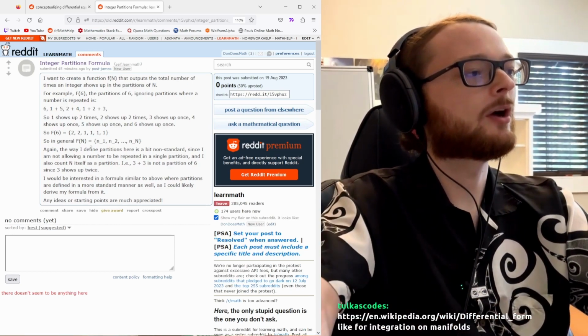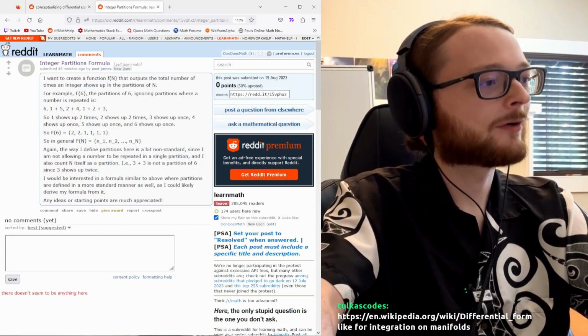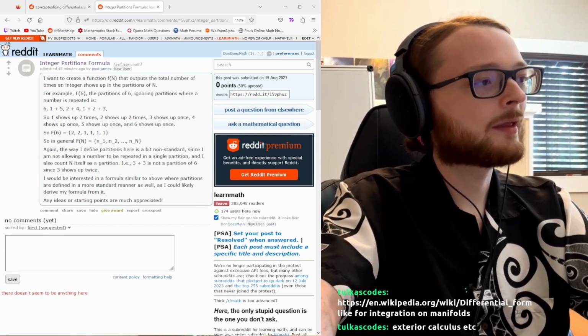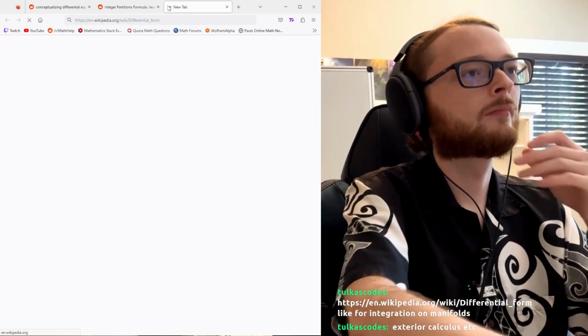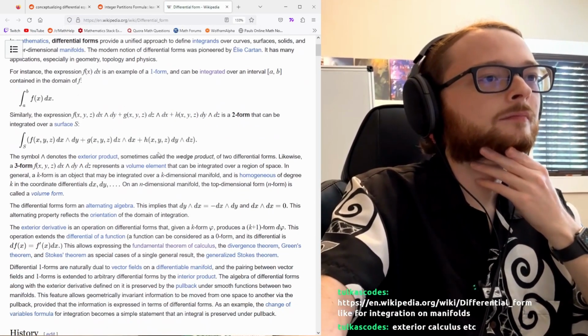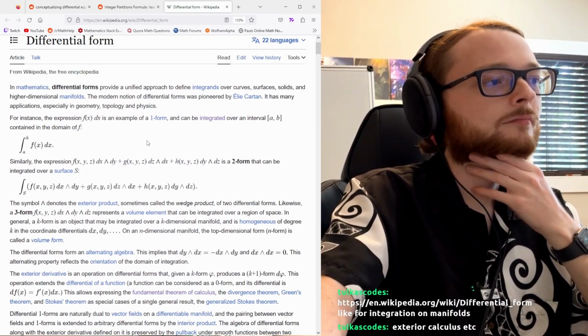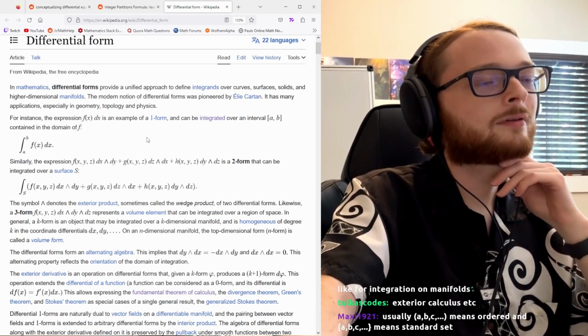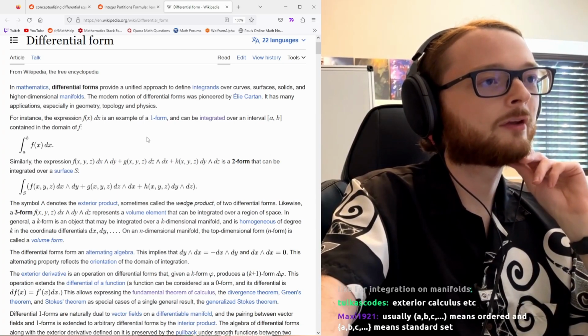Integration on manifolds. Oh, yeah, I never got that far in math. I'll take a look at that Wikipedia page though. Oh, parentheses for ordered? Okay. And curly brackets for standard.